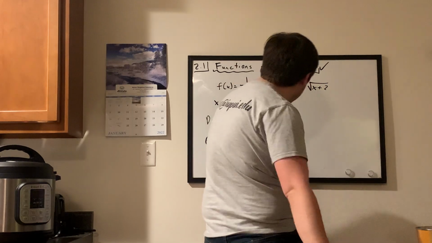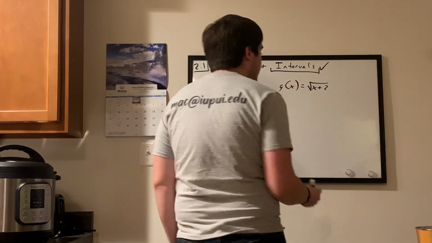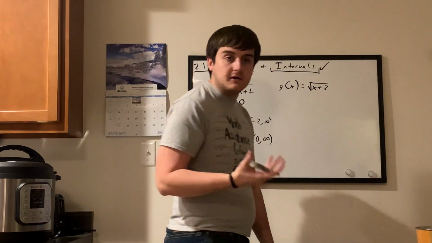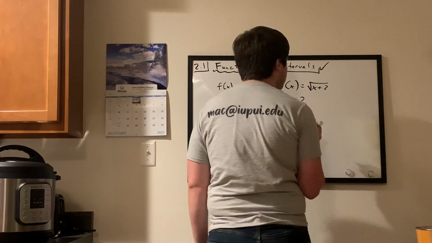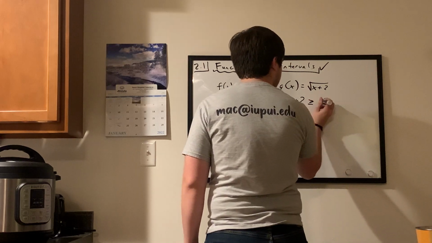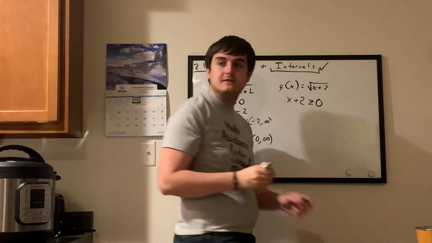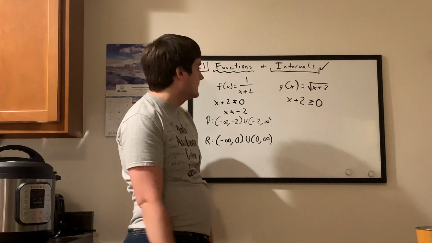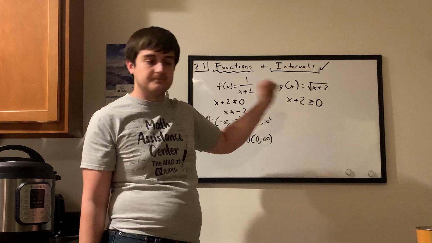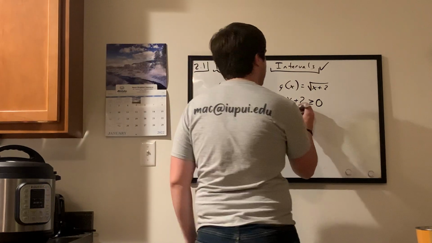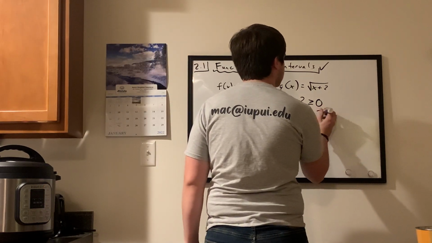Now we come back to the square root example. Again, we don't want the inside thing to be negative, so we need x plus 2 to be greater than or equal to 0. So what that means is that x must be greater than or equal to minus 2.